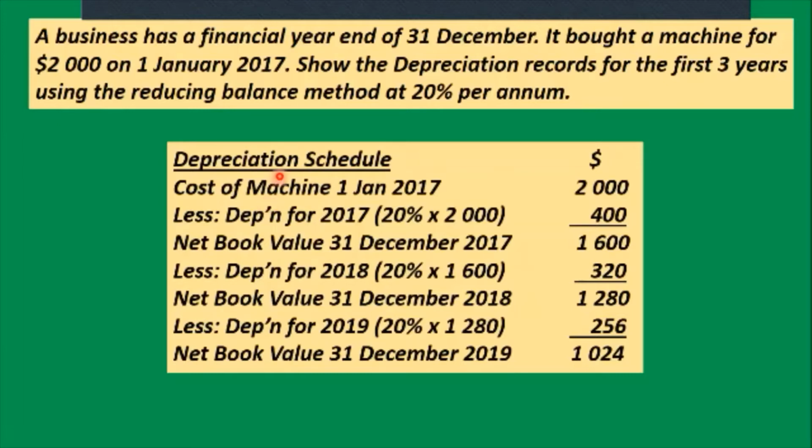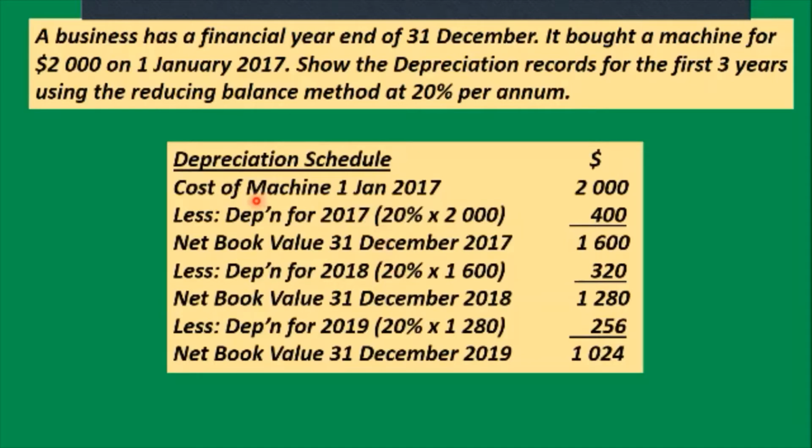You do the depreciation schedule right away on the 1st of January, and that's part of your forward planning. As a matter of fact, some businesses would do their depreciation schedule even before they buy the asset. So it's part of their planning.